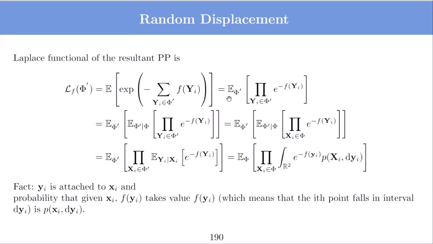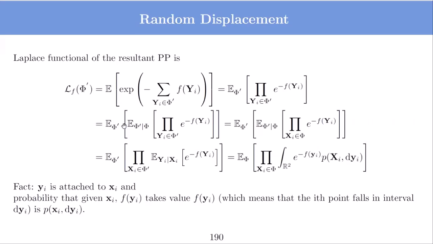So what I am doing here is using the law of conditional distribution: inside there is an expectation over phi dash given phi, and then outside there is an expectation with respect to phi.